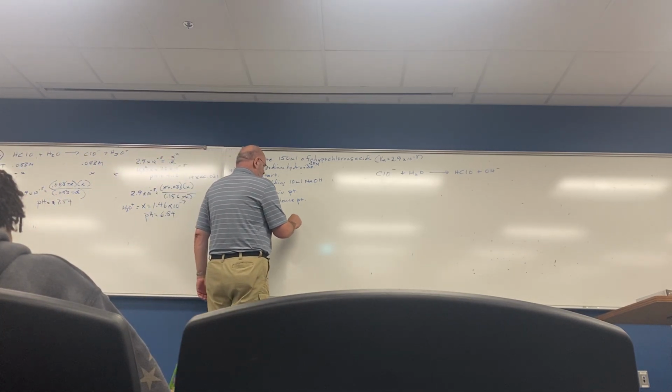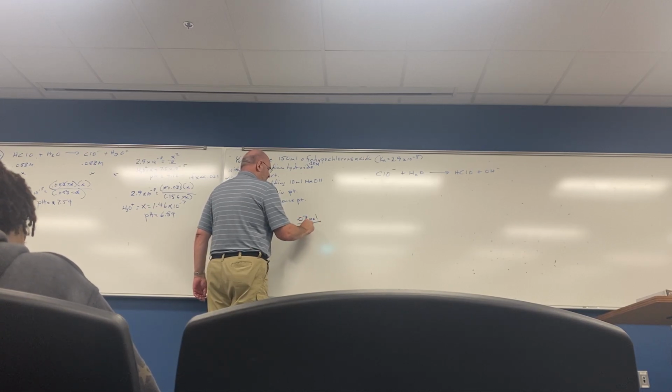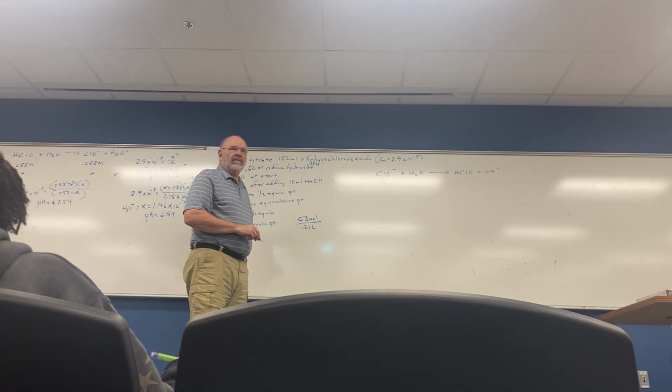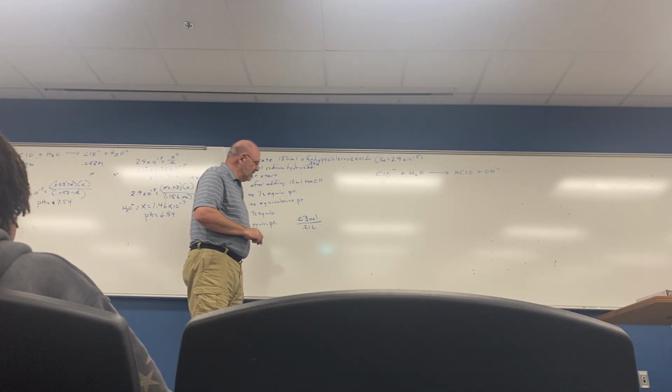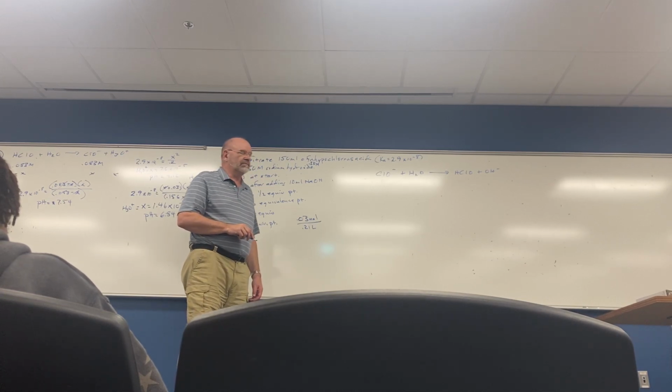So my ClO minus is my 0.03 moles divided by 210 mils. That's 1/7, so 0.14 molar.